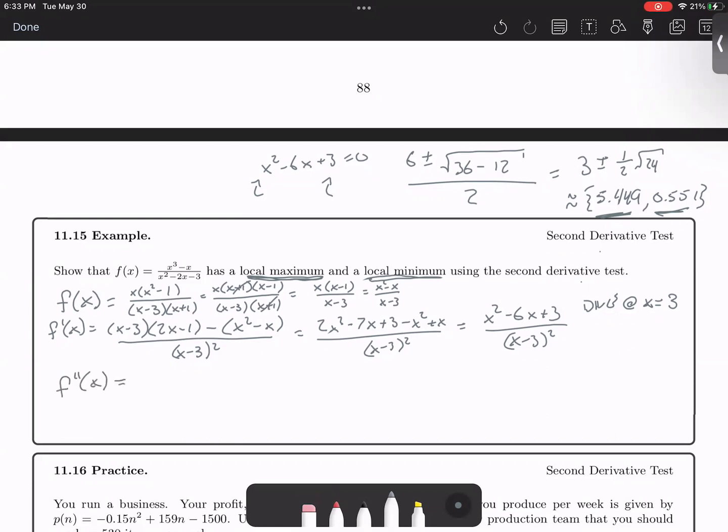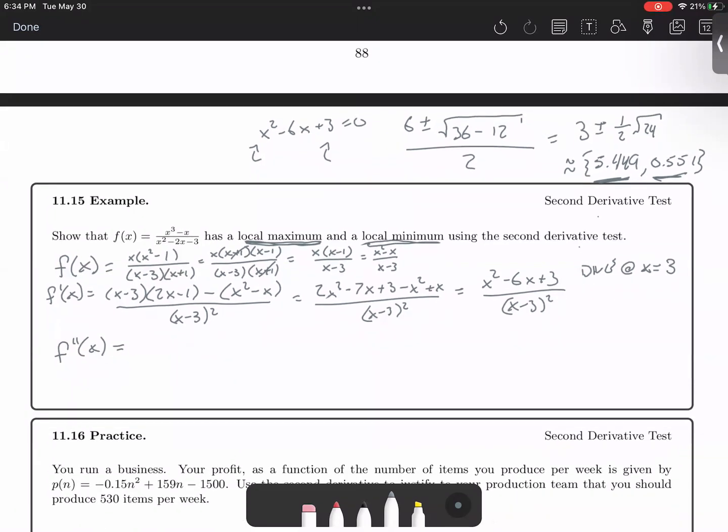The second derivative is going to be low d high minus high d low, all over low low.